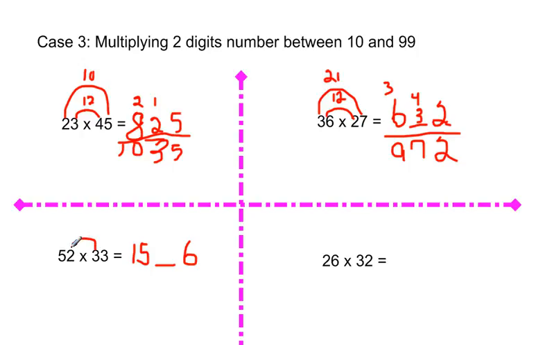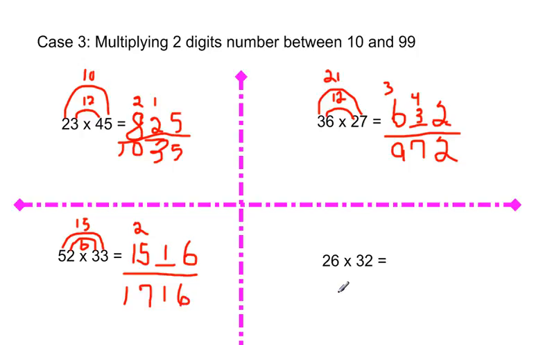Use this rainbow effect. 2 times 3 is 6. 5 times 3 is 15. And 15 plus 6 is 21. So I put down the 1, carry the 2. So the answer to the problem of 52 times 33 is 1,716.